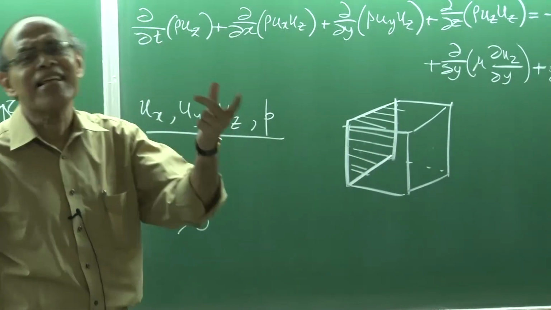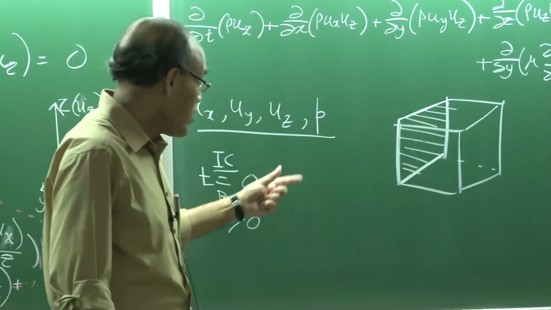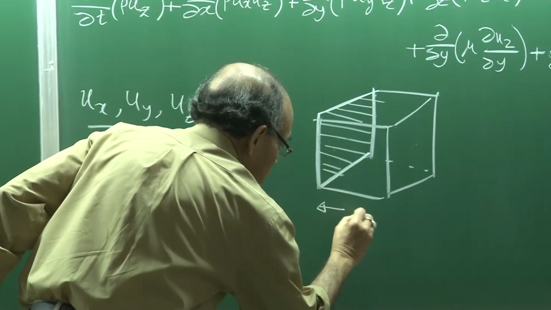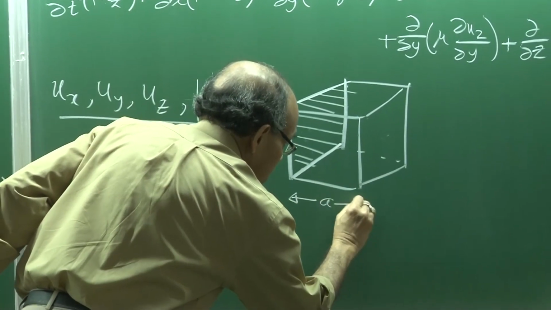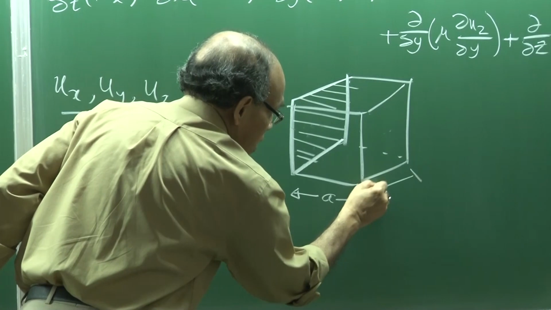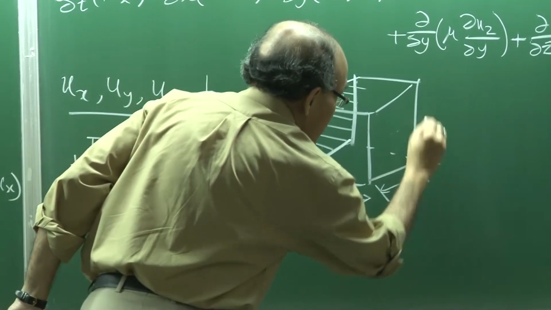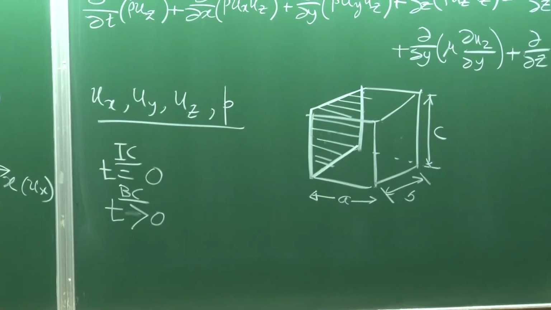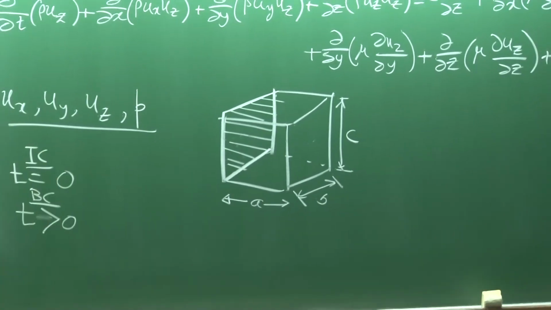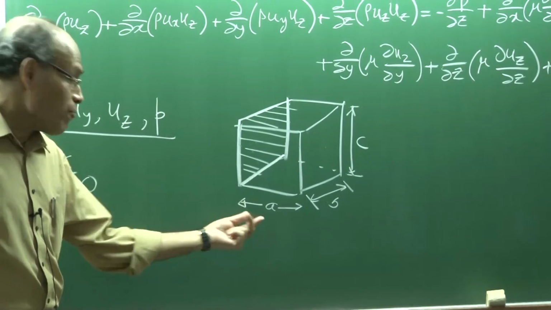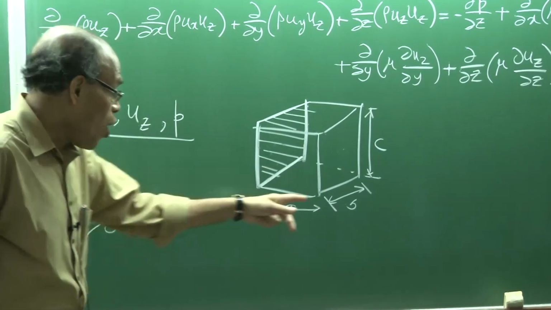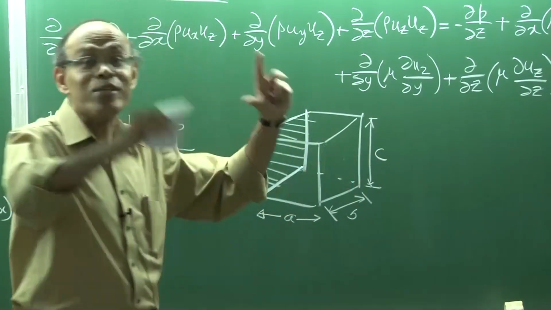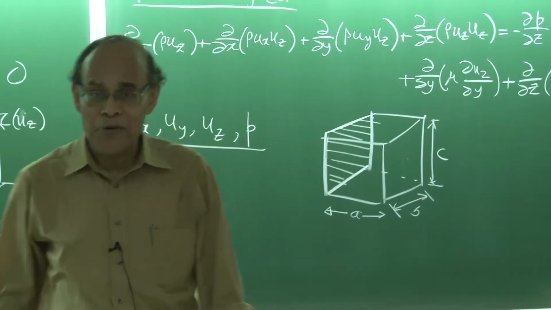So, there is no ux, there is no uy, there is no uz, and for all this control volume, if I have this side as A, this side as B, and this side as C, the height of the control volume, then in terms of my coordinate system I can say for all x varying 0 to A, for all y varying between 0 and B, for all z varying between 0 and C, which essentially encompasses the domain of the control volume.